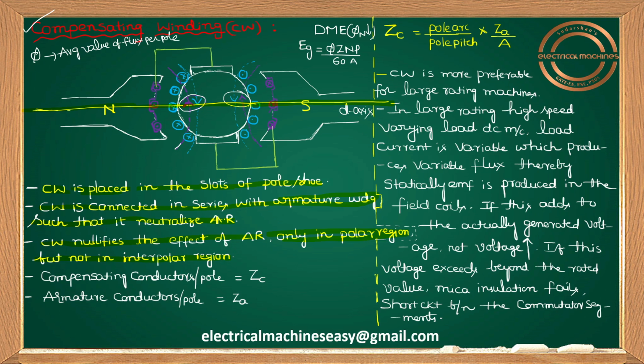So here is a very important point: the compensating winding is connected in series with the armature winding. Connections are made such that it neutralizes armature reaction.